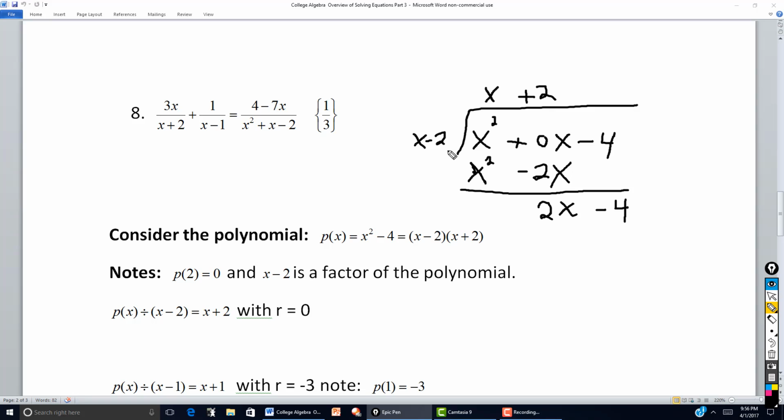And then 2 times x minus 2 would give me 2x, and 2 times a negative 2 is a negative 4, minus 4. And at this point, we subtract, everything cancels. 2x subtract 2x cancels, minus 4 subtract minus 4, that becomes a positive, so those cancel. This gives me 0. This is the remainder. So the remainder in this case is equal to 0.